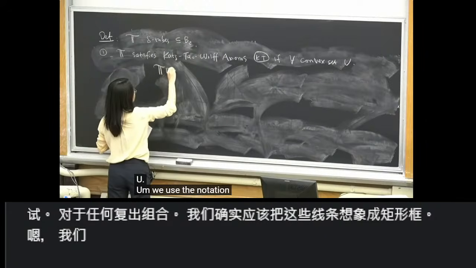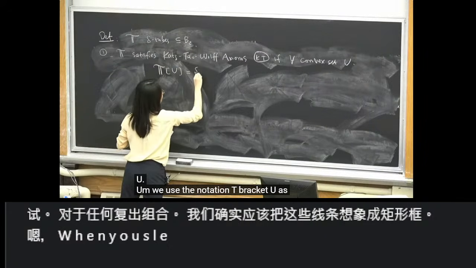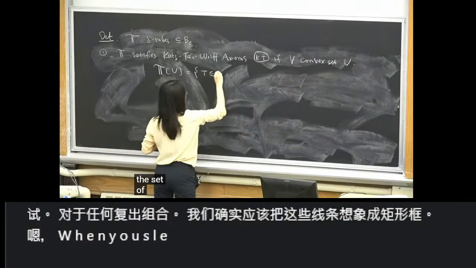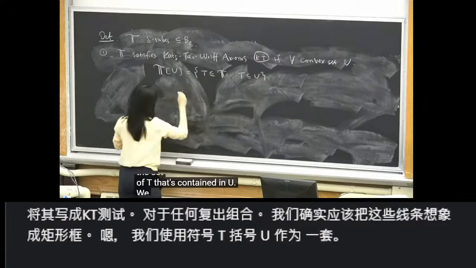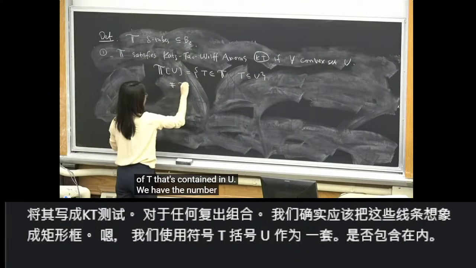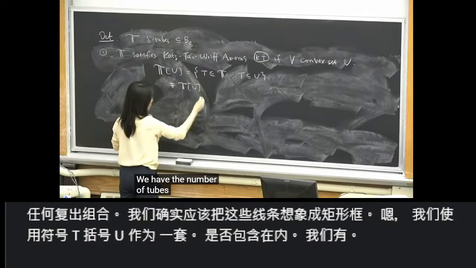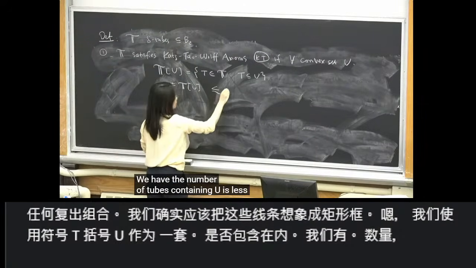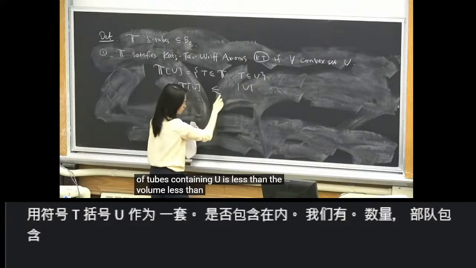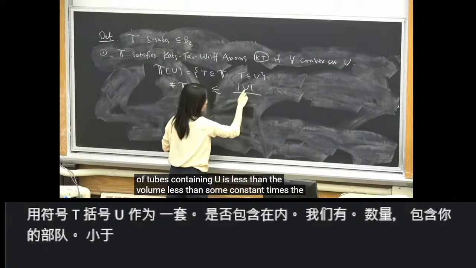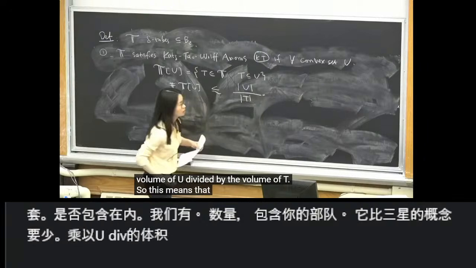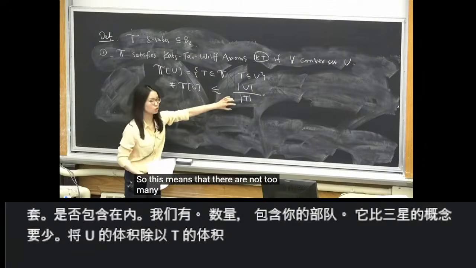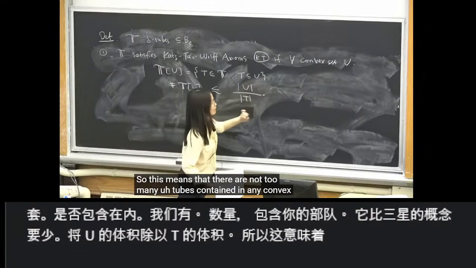We use the notation T bracket U as the set of tubes that are contained in U. We have the number of tubes contained in U is less than some constant times the volume of U divided by the volume of T. So this means that there are not too many tubes contained in any convex set.